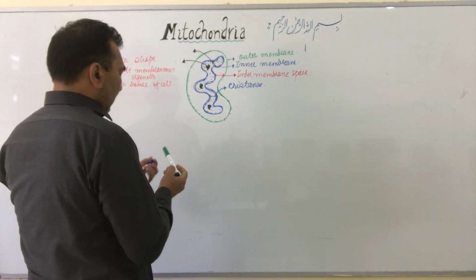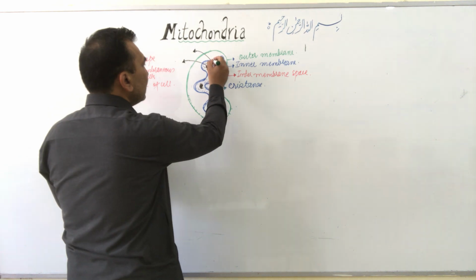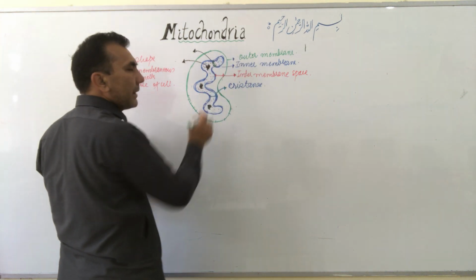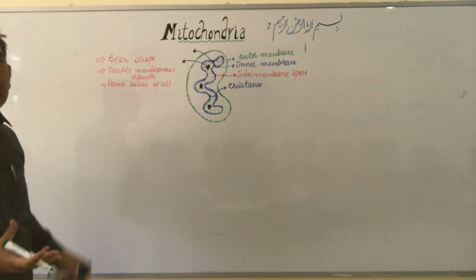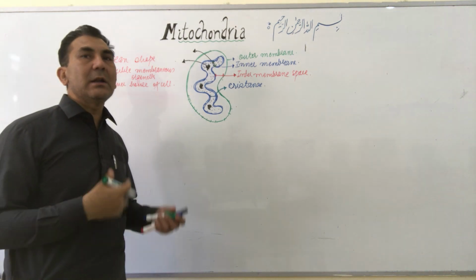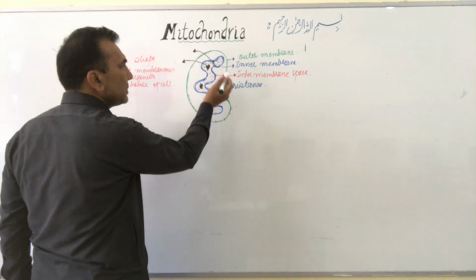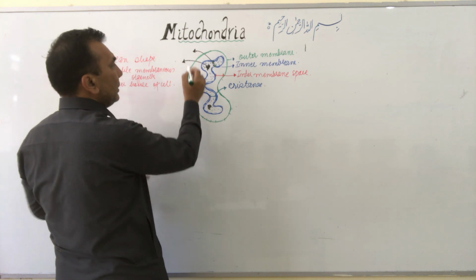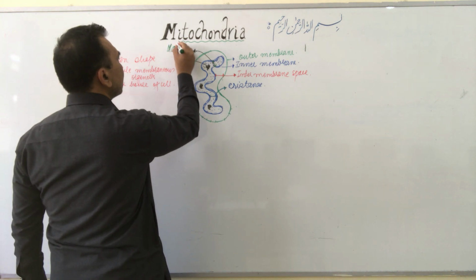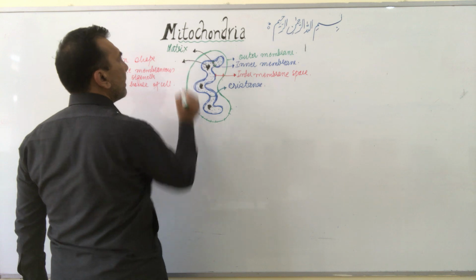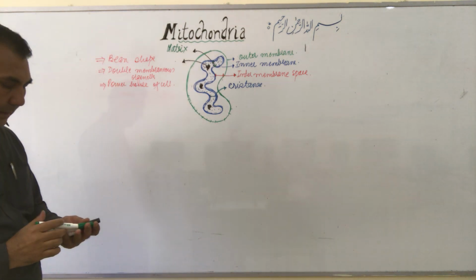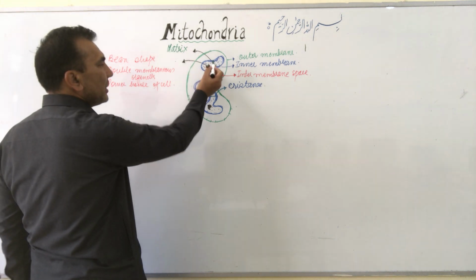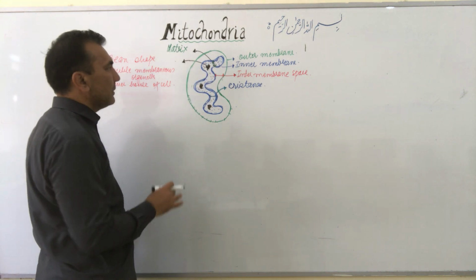Now in this folded structure, between the internal membranes, is a liquid-like or gel-like structure, and this gel-like structure is called the matrix of the mitochondria.